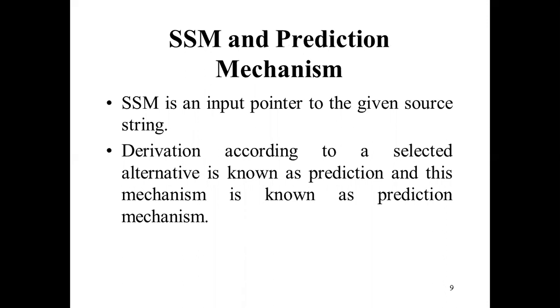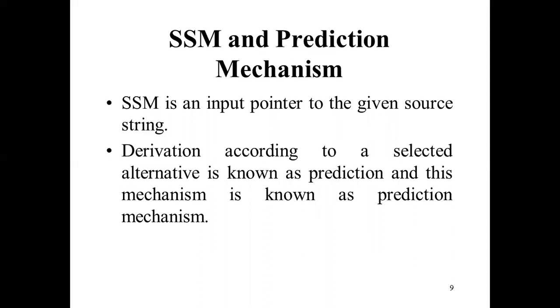SSM is an input pointer to the given source string. We have already told you regarding SSM. SSM is a source string marker, and this is nothing but a pointer. So it will scan, or we can say read, one character at one time.